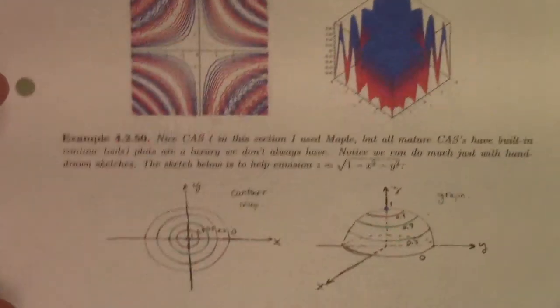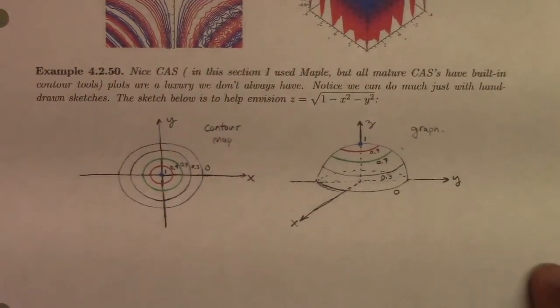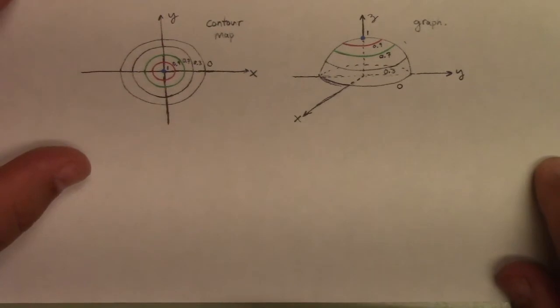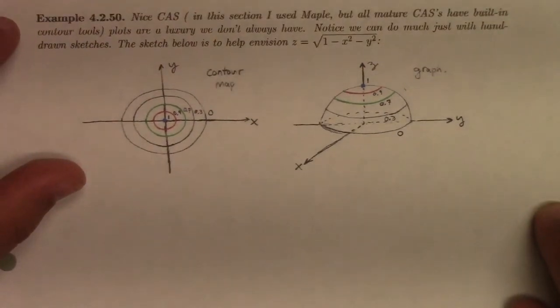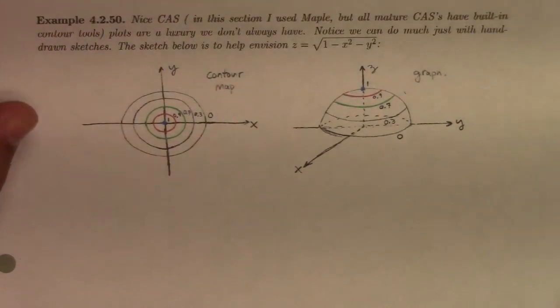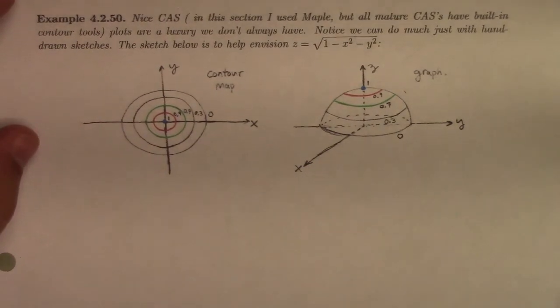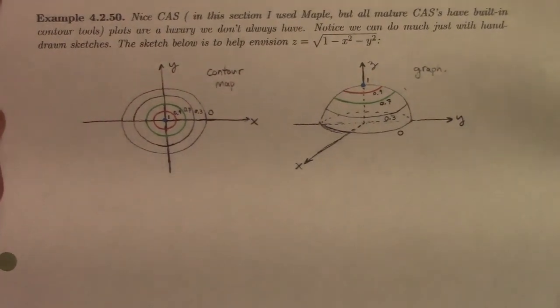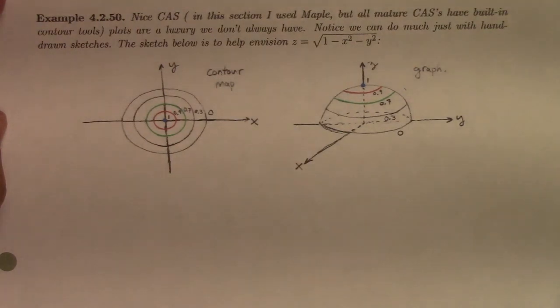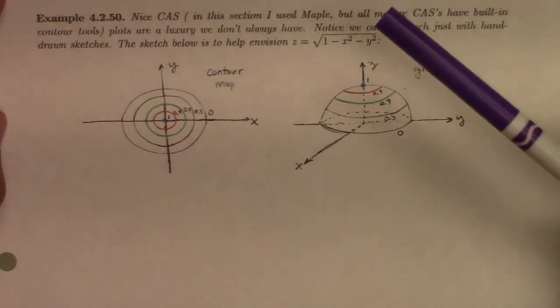Anyway, imagine yourself without a computer. Perhaps the robots have taken over. We're in the robot holocaust. So what else can we do? We can draw contour maps by hand. I do it all the time in class. It's not a big deal.